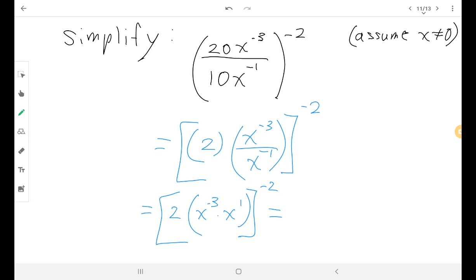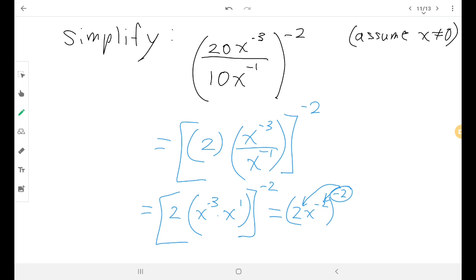So then that's 2, and then add the exponents, because I've got a like base and I'm multiplying. So that's x to the negative second, and then all of this raised to the negative second. Now I've got something quite a bit easier. The other rule is that as long as it's only multiplication in here, I can distribute the exponent.